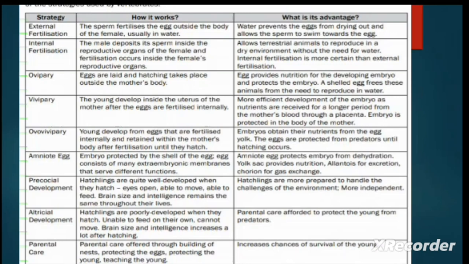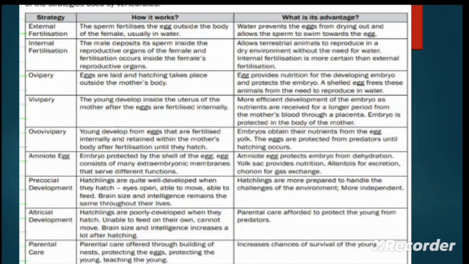So if they ask you the advantages of all these things that we talked about, if they ask you the advantage of oviparity, you're going to say that eggs provide nutrition for the developing embryo and protect the embryo. The shelled egg frees the animals from the need to reproduce in water.